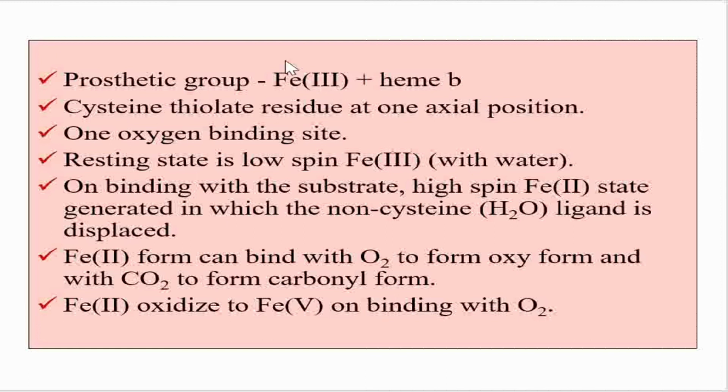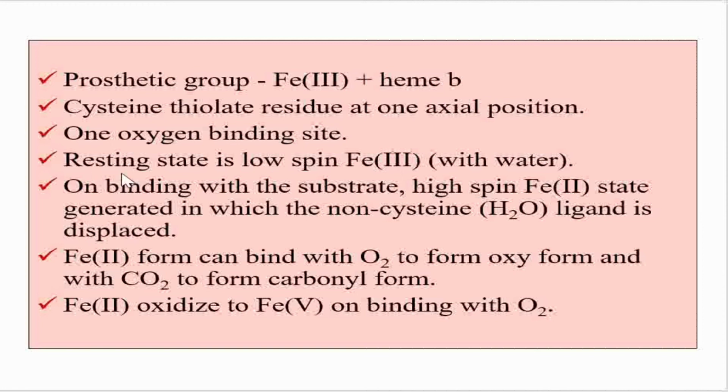The second difference is that the iron(III) ion present has one site for oxygen binding, because this iron has six coordination: four coordinated with the four nitrogens of the pyrrole rings, one with the cysteine thiolate residue, and one for oxygen binding.